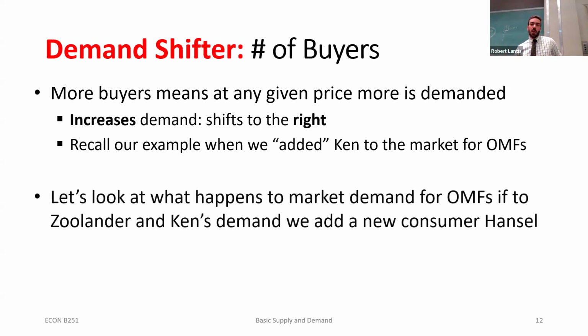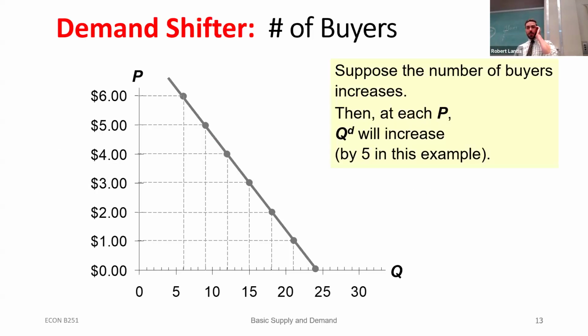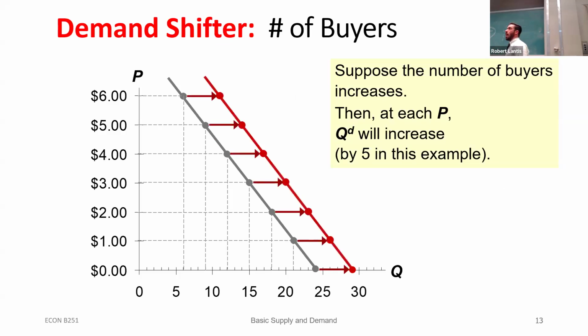Now, it works the opposite way too. If I had a third person, I'd have an even higher market demand curve. And we could have the opposite: you can technically have decreases in demand if you had fewer consumers. For the most part, this used to not be a real concern because population growth was always above 2, so people were replacing themselves.